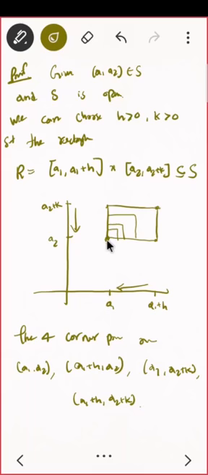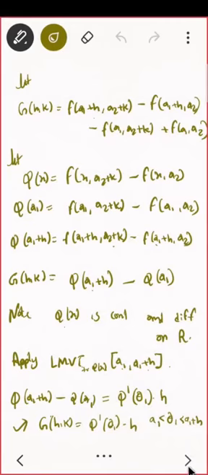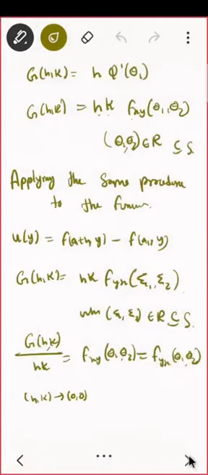So at E1 E2 I will get a value. Theta 1 and theta 2 will be my E1 E2, and as you see, that value will be the same. Correct. So hence if you take the limit h comma k going to 0 0, that means you are squeezing and you'll reach a point.